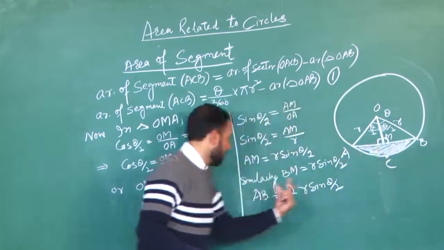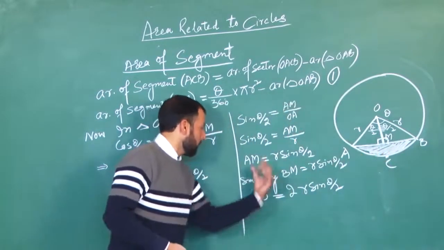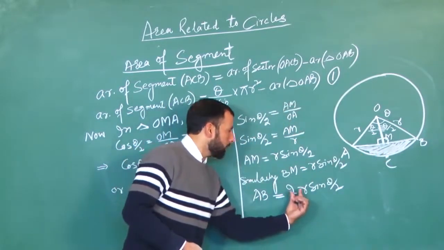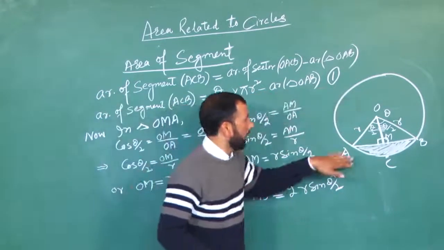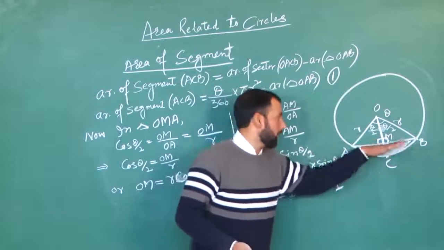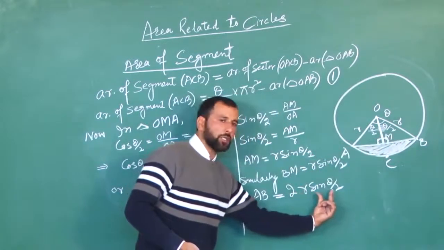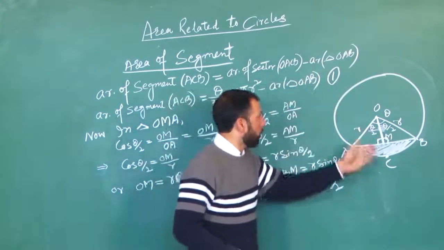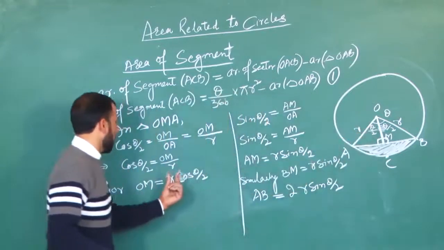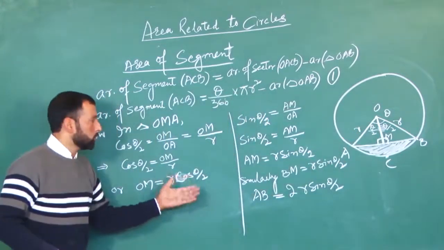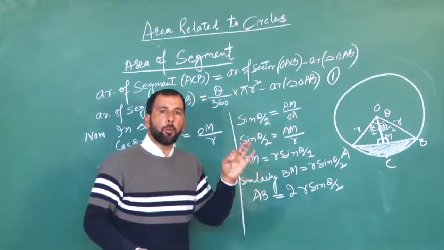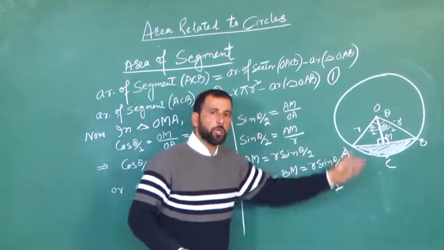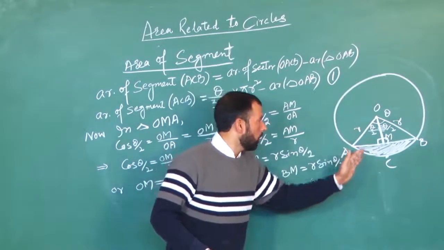When we add the two, we get the total line AB equal to twice R sin theta by 2. Now for this triangle OAB, we have the base AB equal to 2R sin theta by 2, and the altitude OM equal to R cos theta by 2. So what is the area of triangle OAB? It is 1/2 of base, that is AB, into altitude, that is OM.